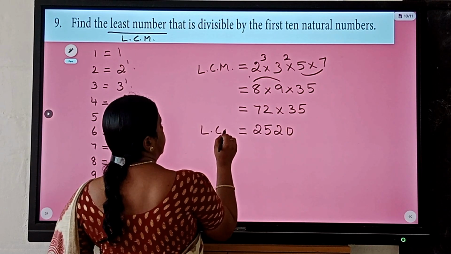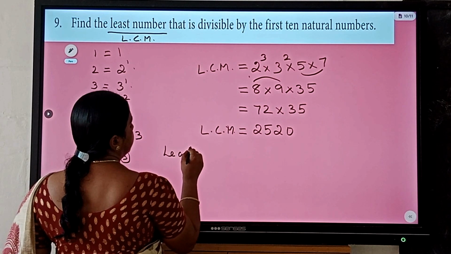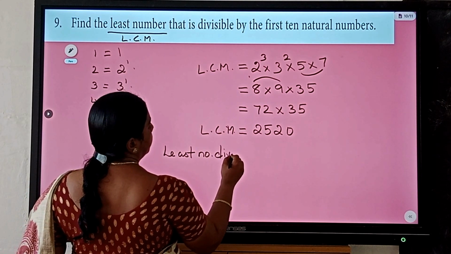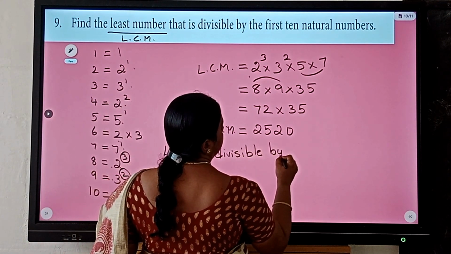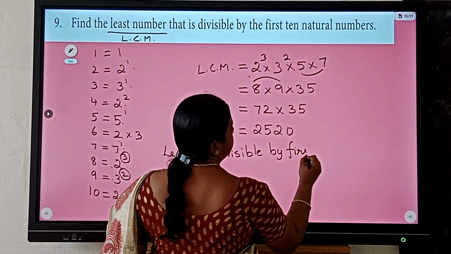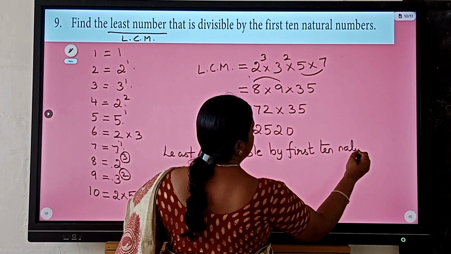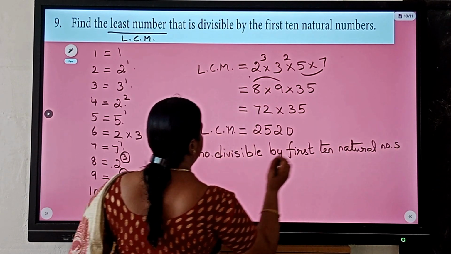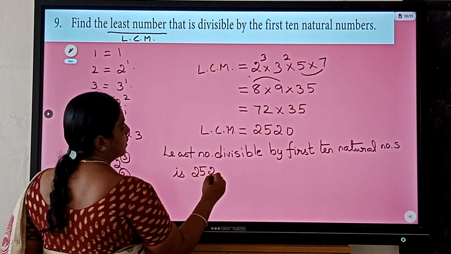So this is the LCM, and this is the least number divisible by first 10 natural numbers. So the number which is divisible by the first 10 natural numbers is 2520.